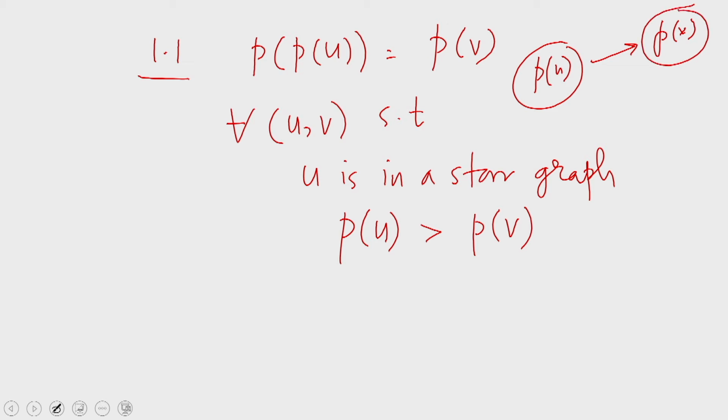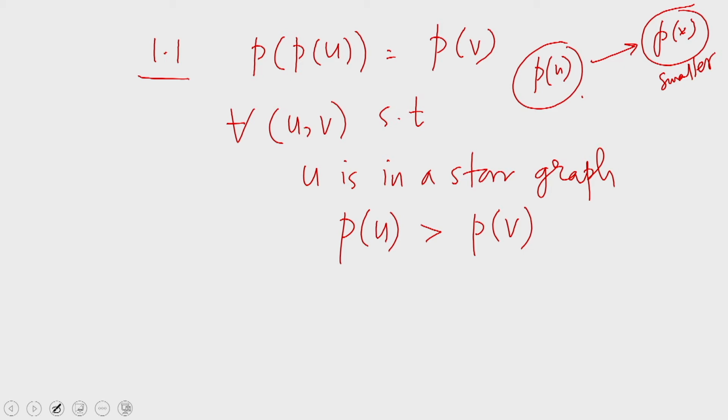So, we explicitly check that P of u is greater than P of v. Therefore, the new pointer that is being defined is from a larger node to a smaller node. Therefore, this condition is maintained by every single pointer that is defined in step 1.1. Whenever you change the parent, you ensure that the new parent is smaller than the vertex itself.